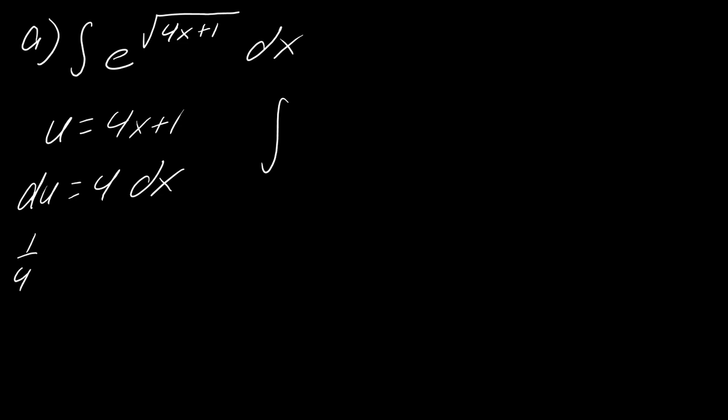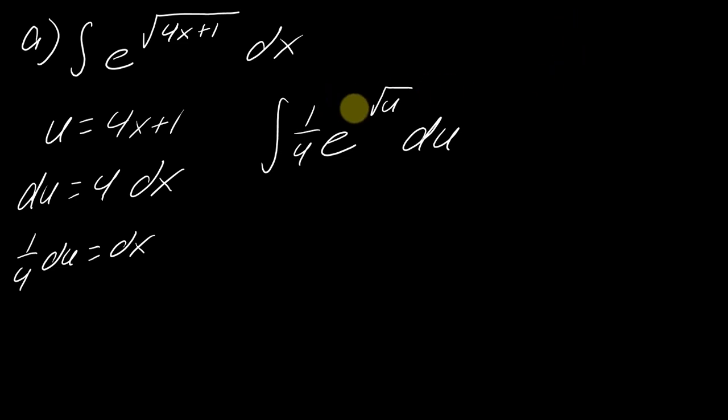So then I would have 1 over 4 du equals dx. And then this becomes e to the square root of u, and then I would have this 1 over 4 du. Now you probably notice I can't actually integrate that, right? So this doesn't work.